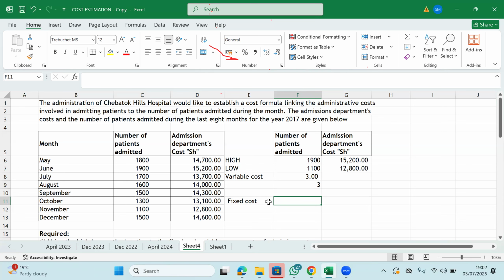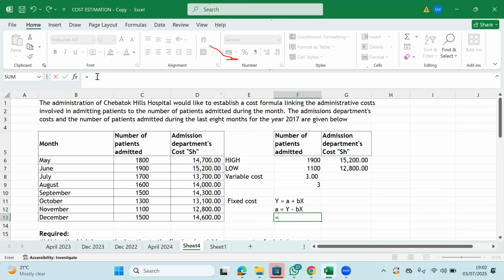So we had said that for our fixed cost, we can substitute to get our A. So of course we say that A is equal to Y minus BX. But of course it's all from our previous discussion, the discussion we had in sheet 1.